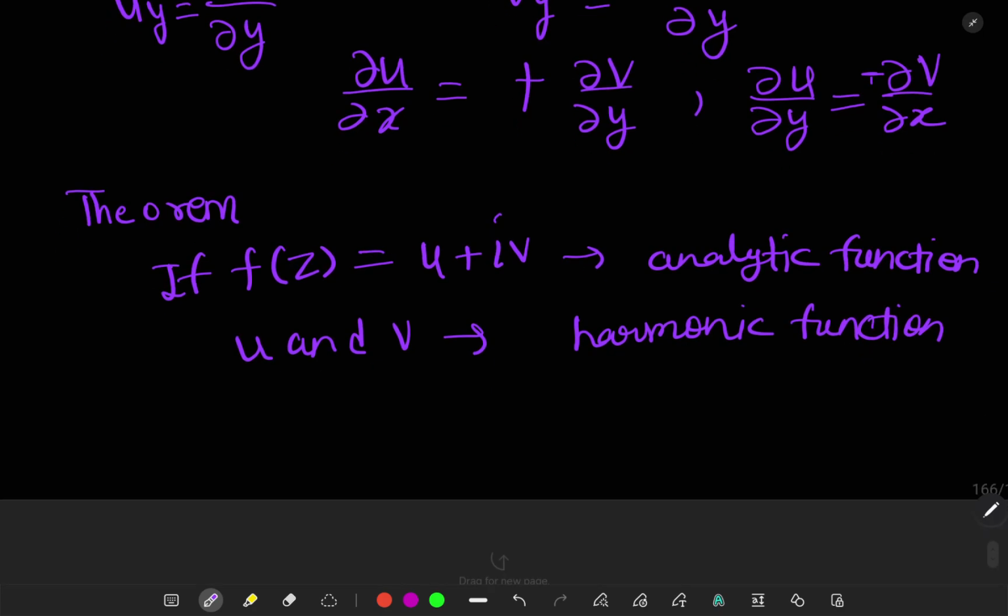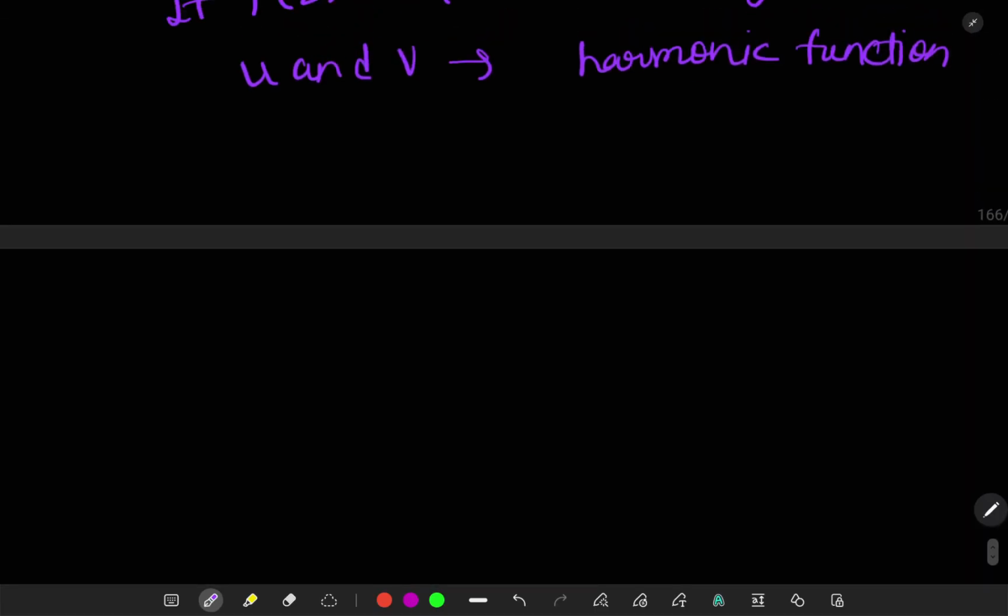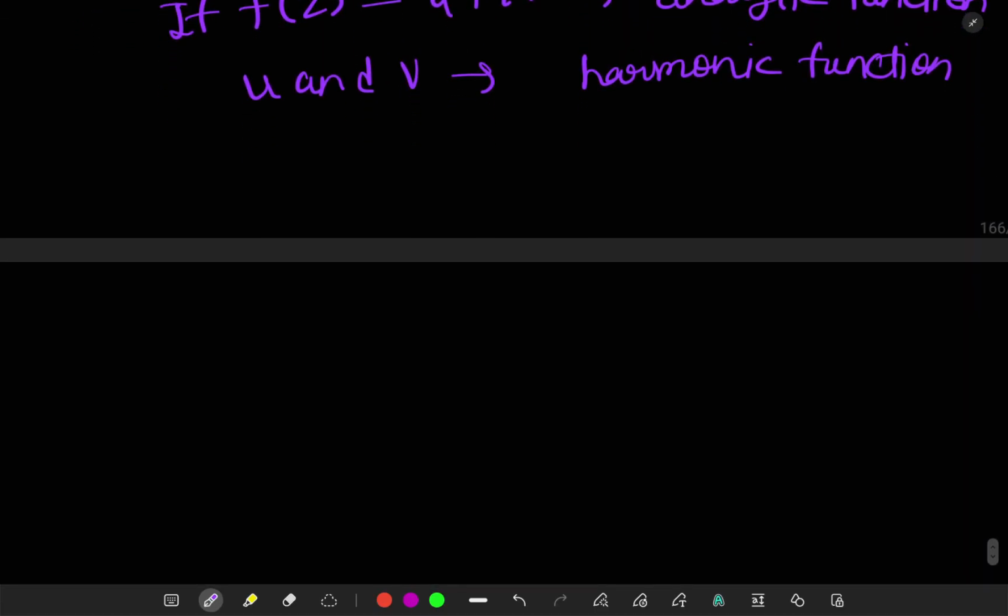Any function which satisfies the Laplacian equation is known as a harmonic function. This is Laplacian equation.